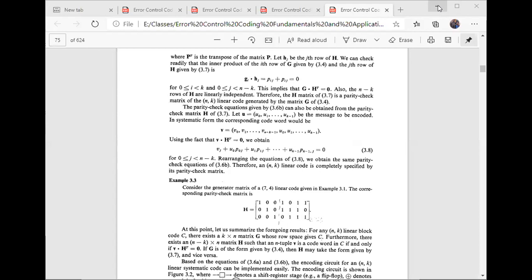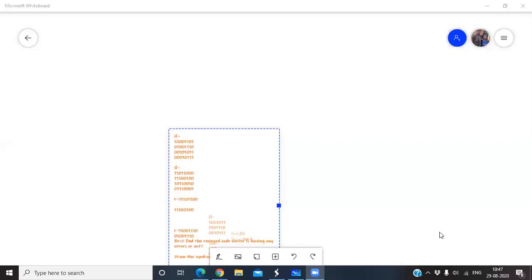Now tell me one thing. Are you able to draw the encoder diagram? Please respond all.